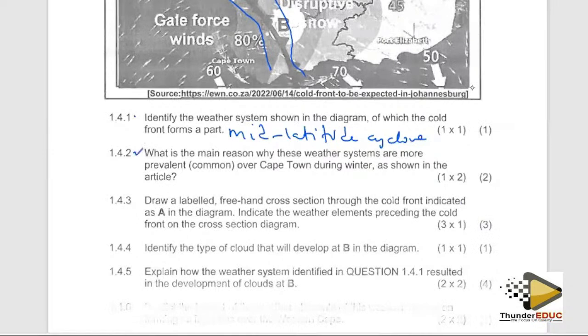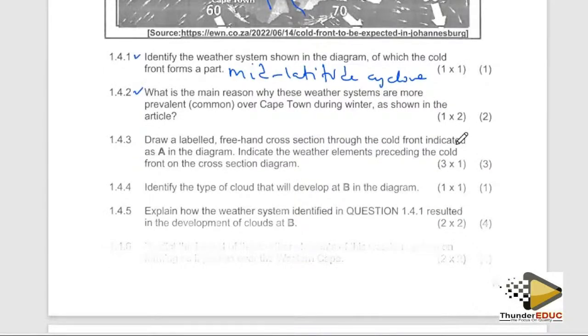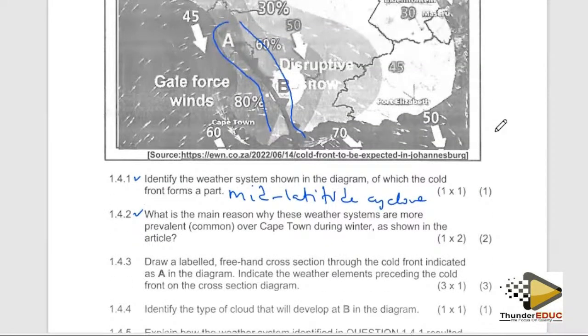That was for 1.4.2. We're done. So we continue with question 1.4.3, which says, draw a labeled freehand cross-section through the cold front indicated as A in the diagram. Indicate the other elements preceding the cold front on the cross-section. Right.